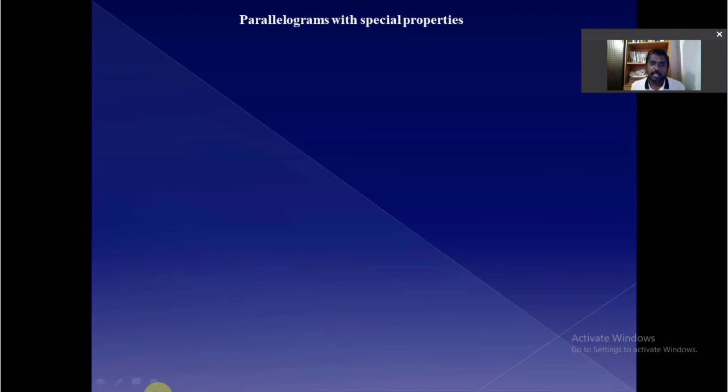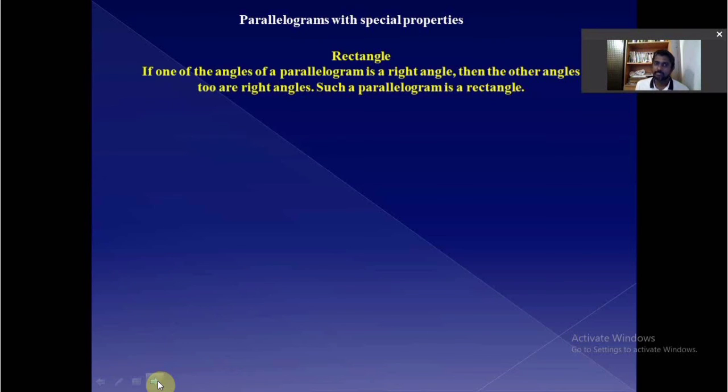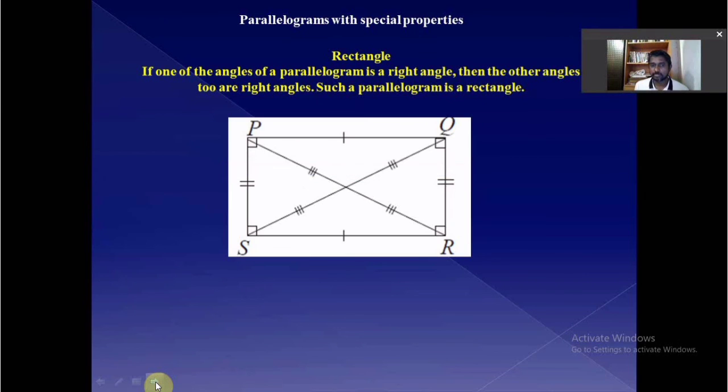There are some parallelograms with special properties: the rectangle, the rhombus and the square. Already this morning we discussed the rhombus. Now we will see the rectangle. A rectangle is also a parallelogram.